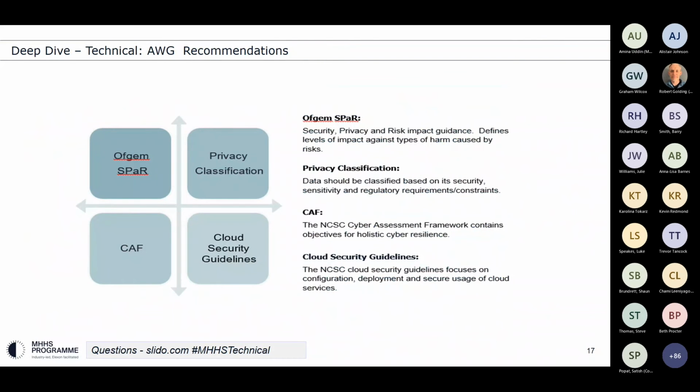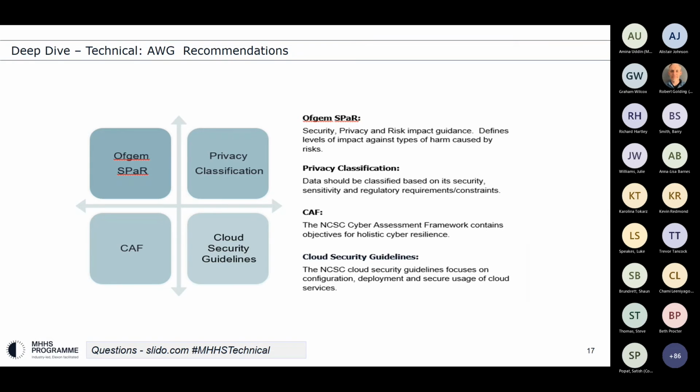Thank you. And following on from those security and governance recommendations from AWG, they also produced this, which is a visual aid really around the different core aspects for security for the DIP itself, like Ofgem SPA, privacy classifications, the NCSC CAF, and the NCSC cloud security principles.